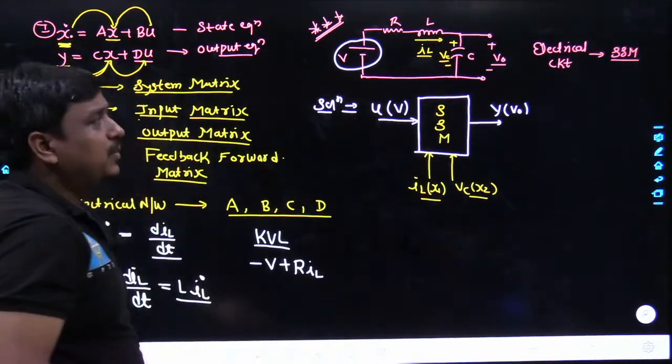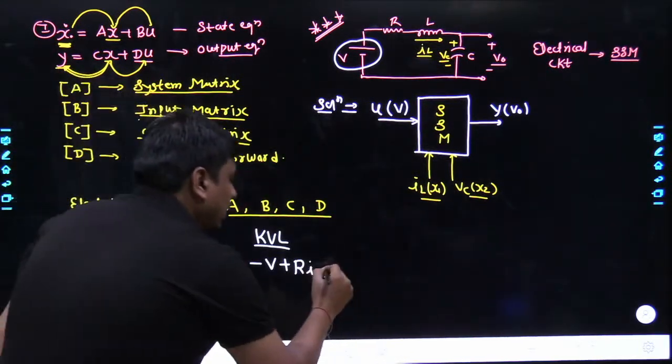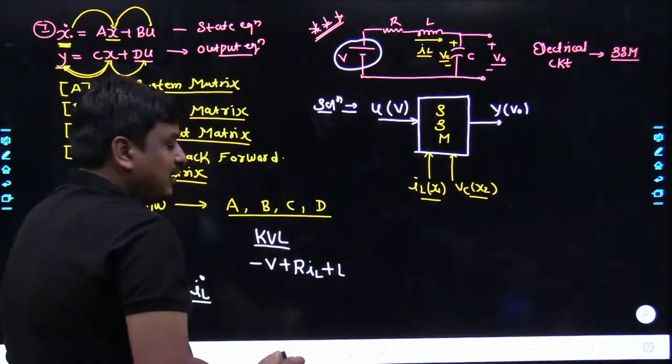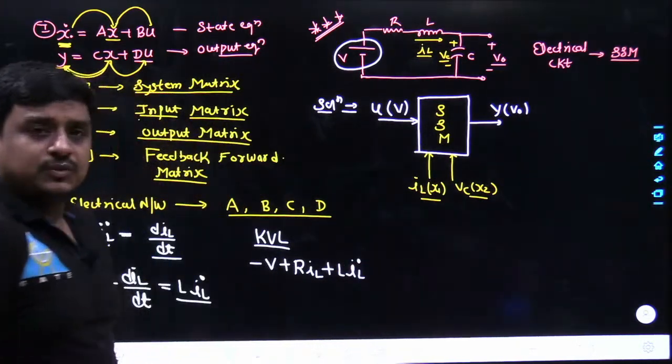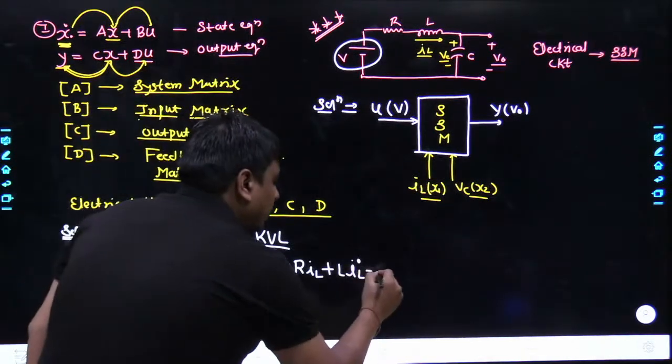That's simply IL. And now here comes L times dIL by dt, which for the time being I may write as IL dot. And here goes the voltage across the capacitance.